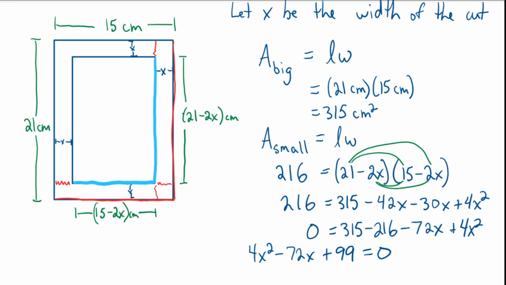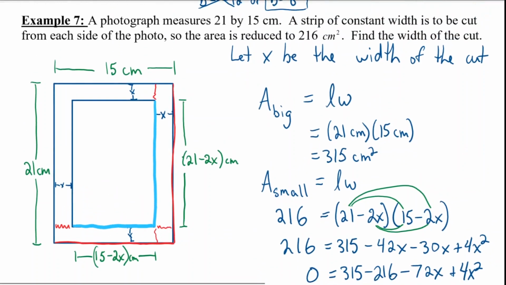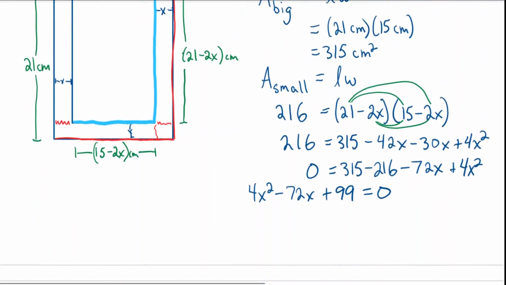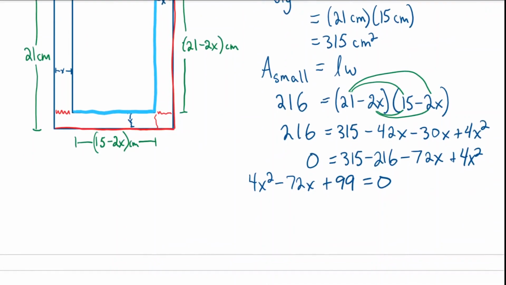Okay. In this question, I would just use the quadratic formula here. The numbers don't look very friendly, so let's go ahead and use the quadratic formula for this. We're going to need to identify what the A, B, and C are.